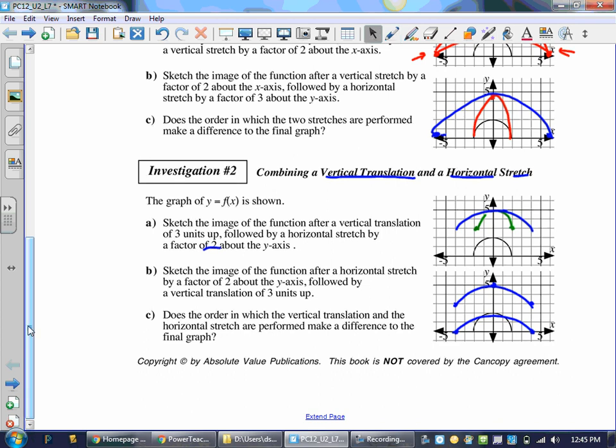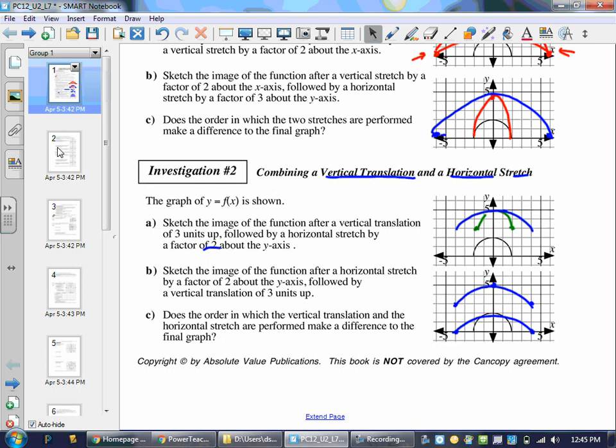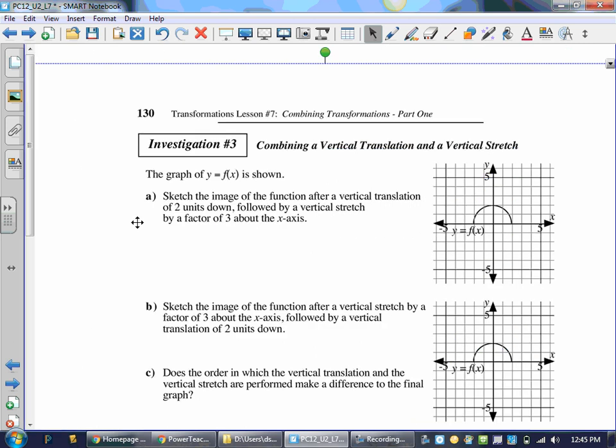All right, turn the page. How about a vertical translation and a vertical stretch? Let's try. For the vertical translation, we're going to move it 2 units down, and then we're going to do a vertical stretch by a factor of 3.